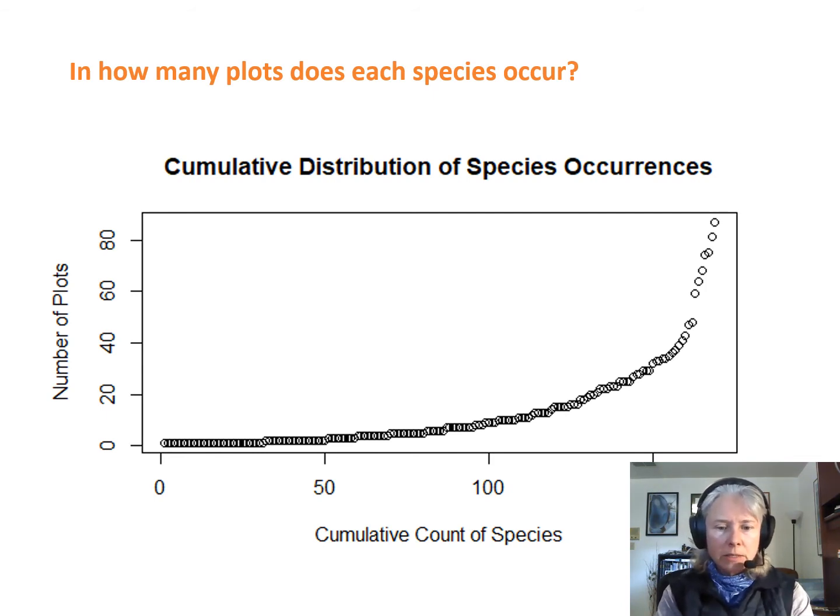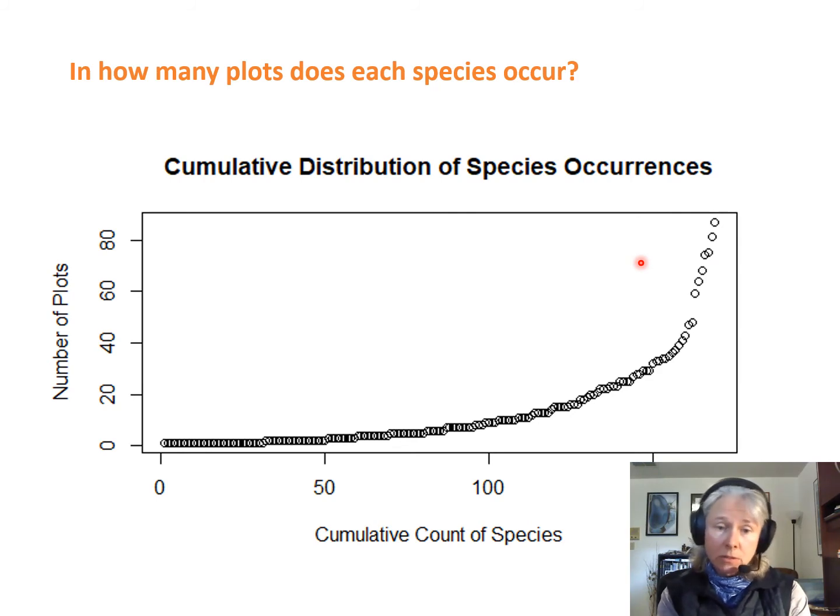So by examining this, you can see, if you recall the veg matrix, there were 160 plots and there were 169 species total. So this figure shows that it took about 90 plots up here before all 169 species were encountered.